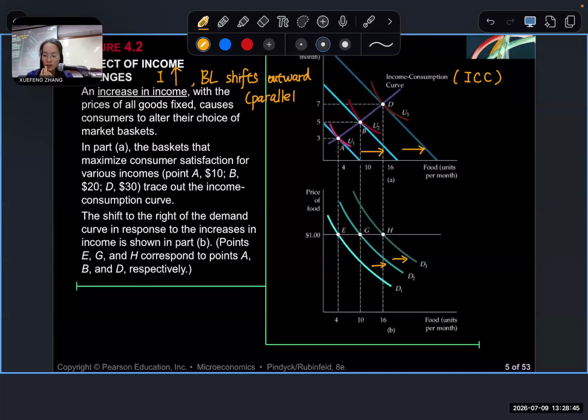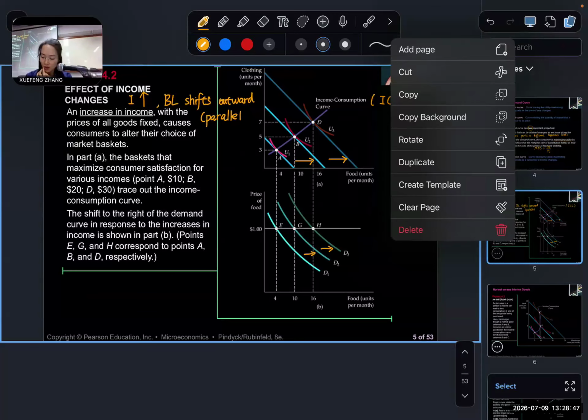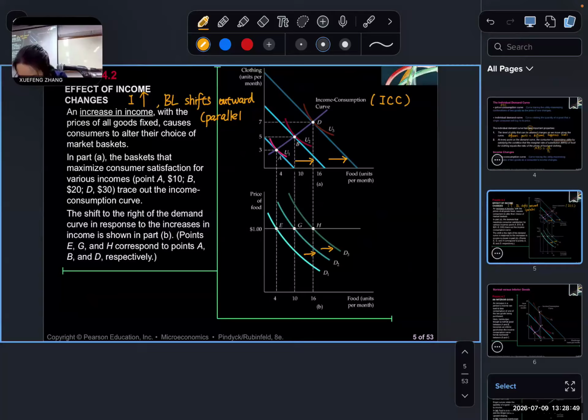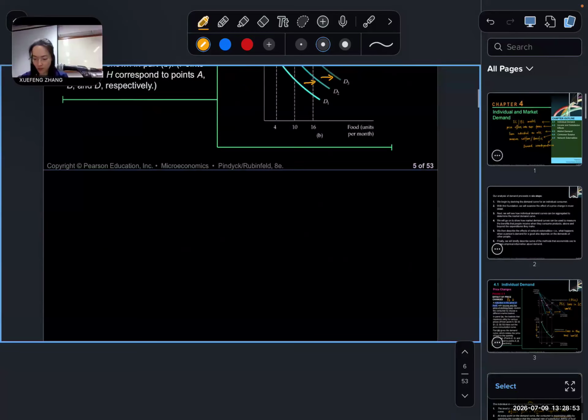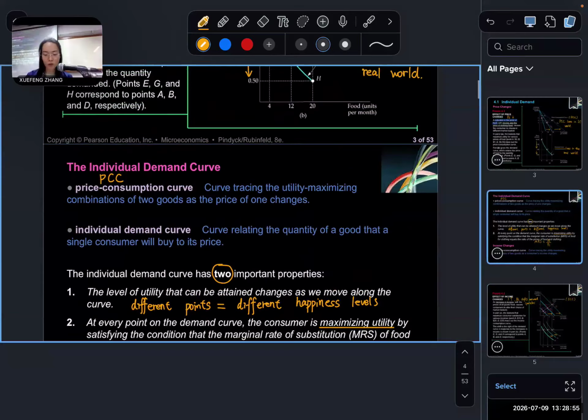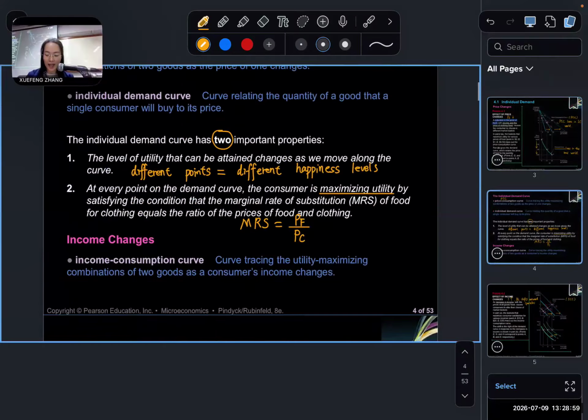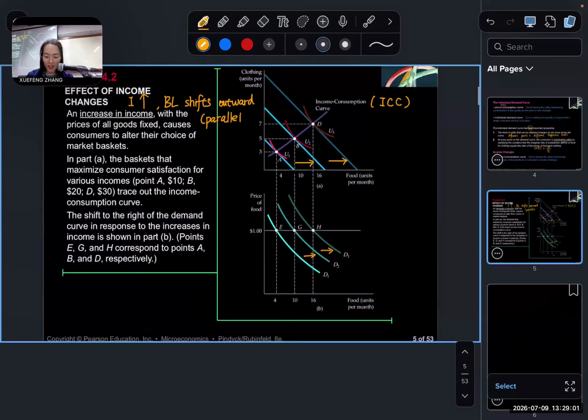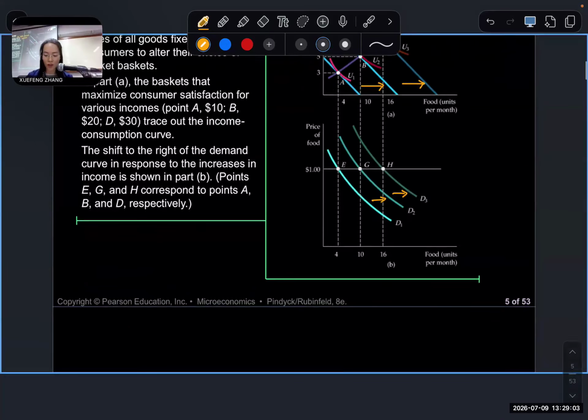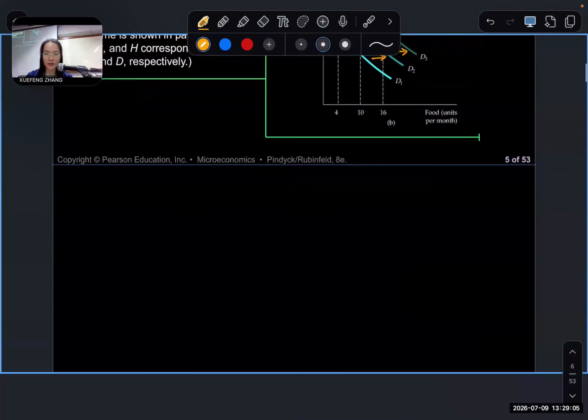Okay, so we just learned two new concepts. Let me add the page. The first one is the price consumption curve, and then we learned about the income consumption curve. What is the difference? Let's see.